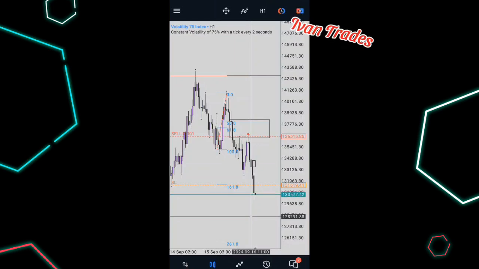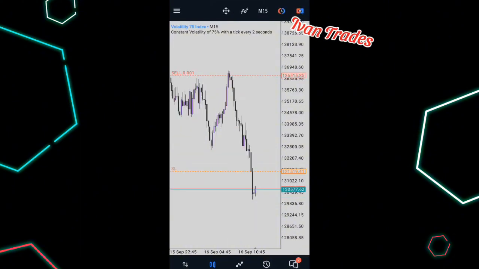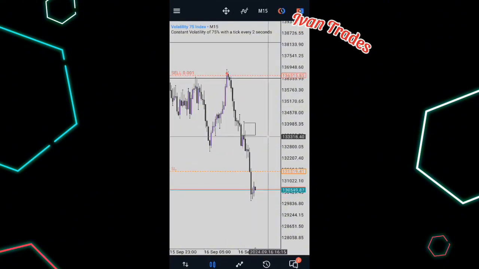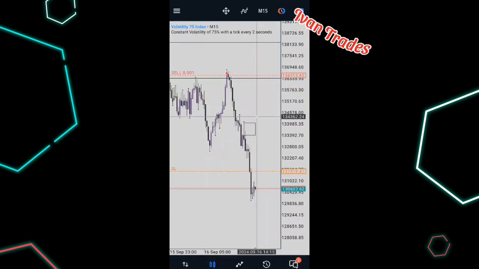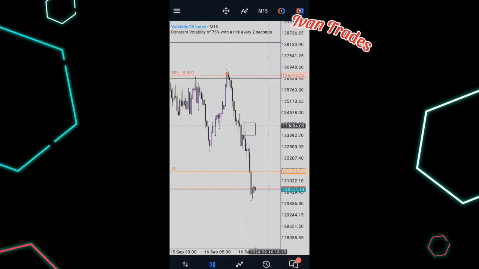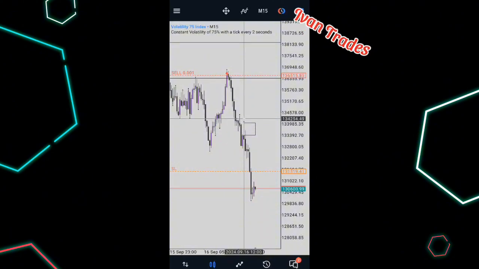Currently I'm monitoring my trade on the 15-minute time frame, trailing my stop basically. That's all I'm doing. Right here, as I trailed my stop above this pivot, the price started rising sharply.